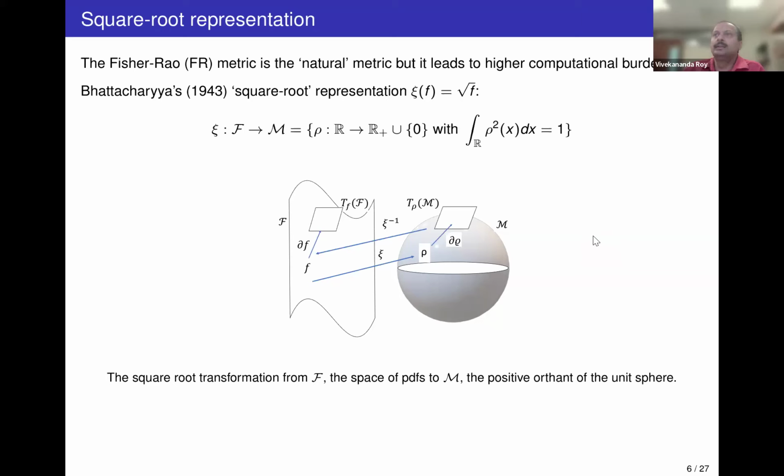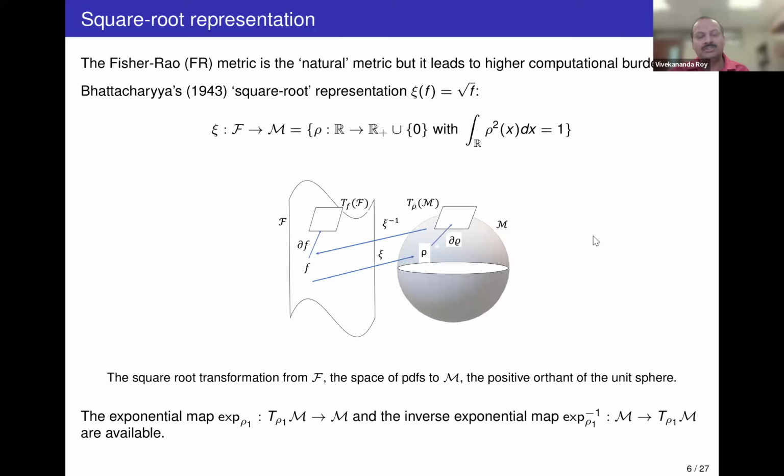And being the unit sphere, I can find the geodesic path, the exponential and the inverse exponential, the logarithmic map, in closed form, which are not available otherwise. And in fact, in the square root space, the Fisher-Rao metric simply becomes the inner product, the standard L2 metric.